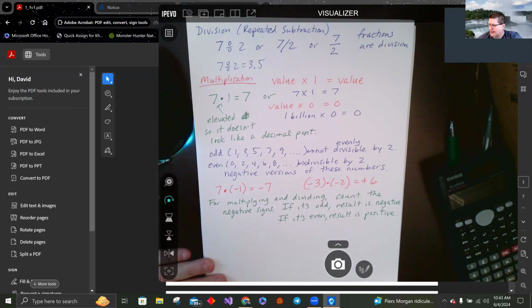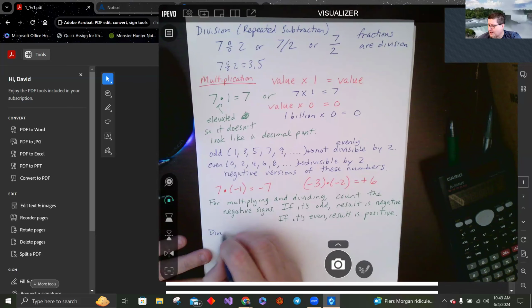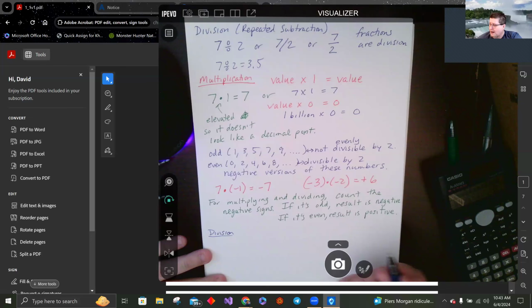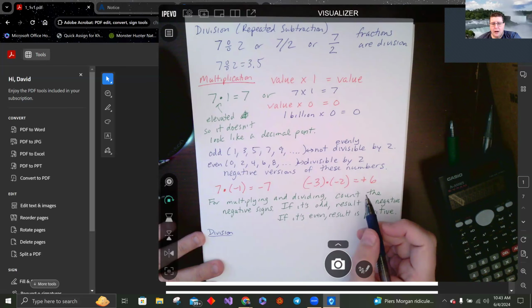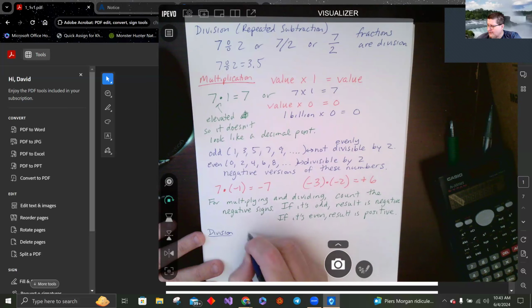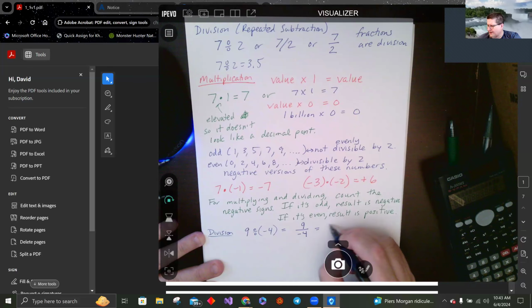And one final thing I want to slip in regarding division. I haven't touched on the negative numbers. The division sign has the same thing. If I have 9 divided by -4, I can write this as 9 over -4. Or I can put the negative on top with the 9.